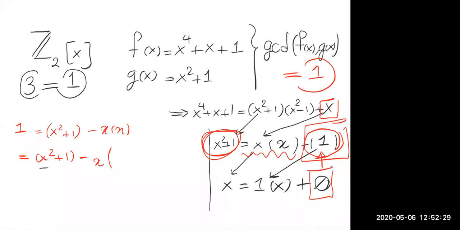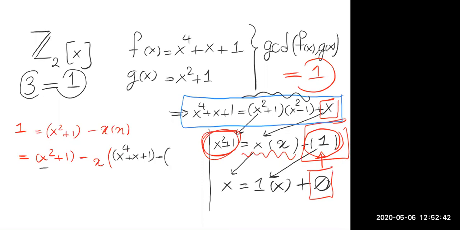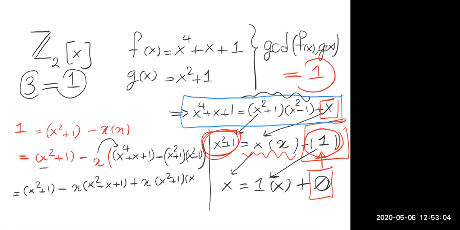If you look at the equation circled with blue, x is equal to x to the 4 plus x plus 1 minus, I should take this thing to the other side, x squared plus 1 times x squared minus 1, right? So it is equal to x squared plus 1 minus x times this thing, minus x times the second thing, which is plus x times x squared plus 1 times x squared minus 1.